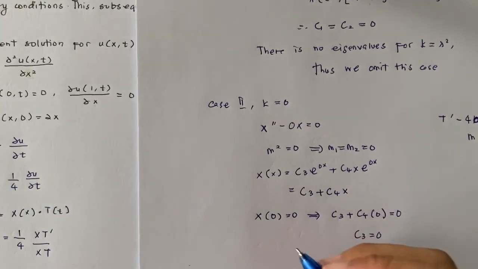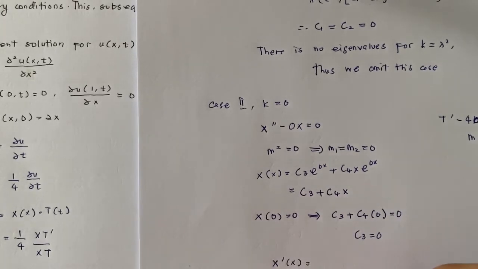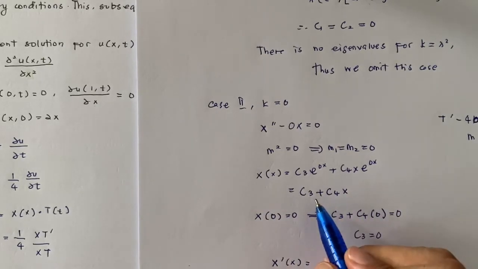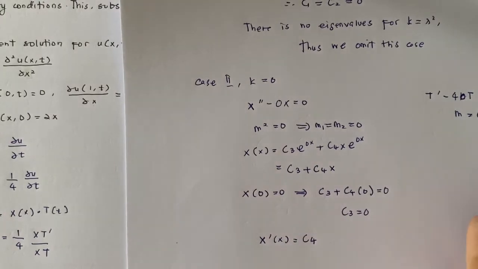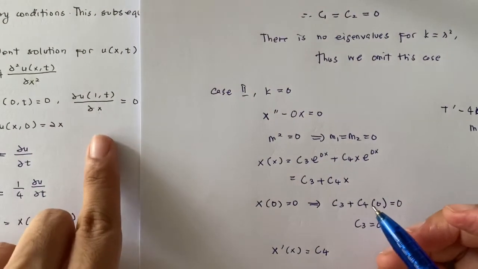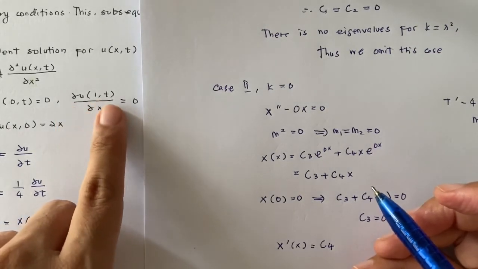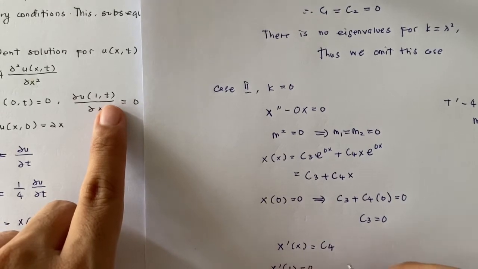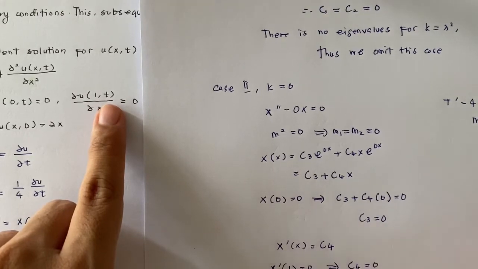For the second boundary condition, find the x prime. Differentiate this, you have c3 times 0, which is 0, and then you have c4. So for the second boundary condition, x prime at x equal to 1 is equal to 0. So x prime(1) equal to 0. So for this one, x prime gives c4 equal to 0.